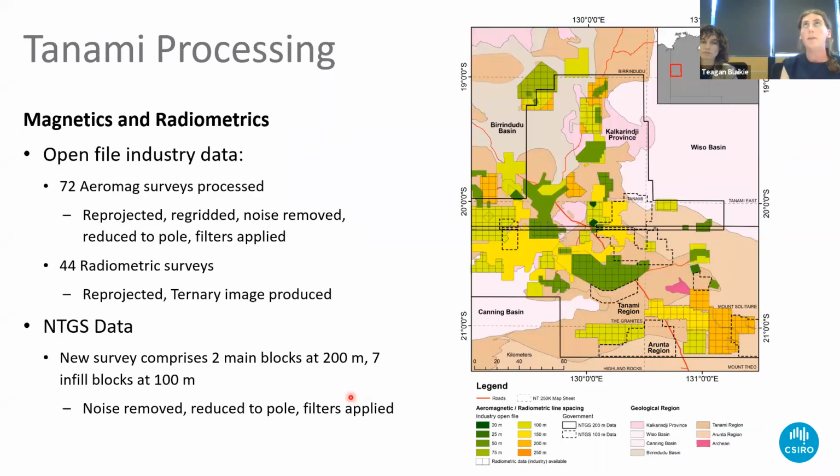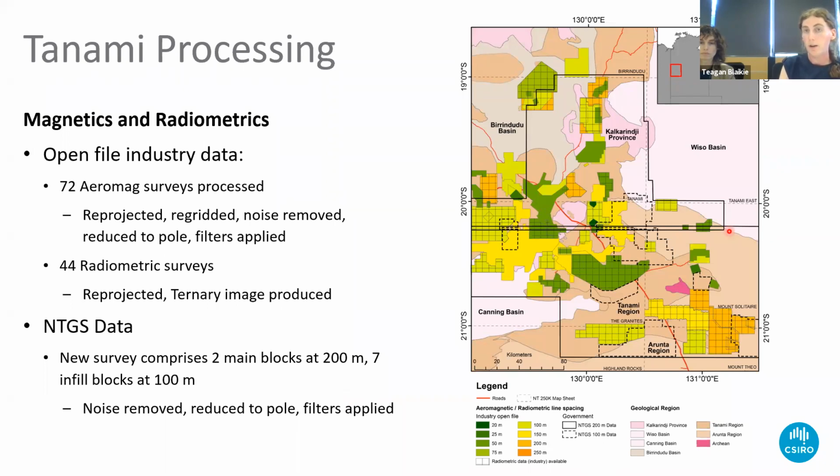So although this area is extensively covered by younger sedimentary basins and regolith, the area is very well imaged in geophysical data. And this includes a new survey recently acquired by the NTGS, which is shown by this black outline here, which was acquired at 200-metre line-spaced resolution.